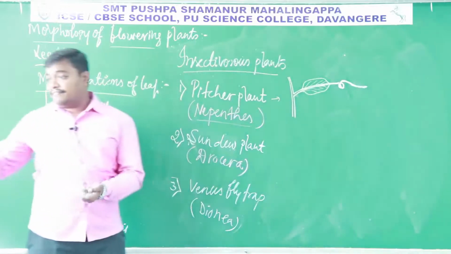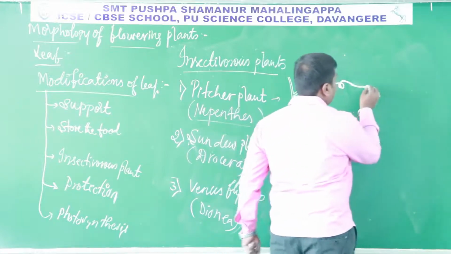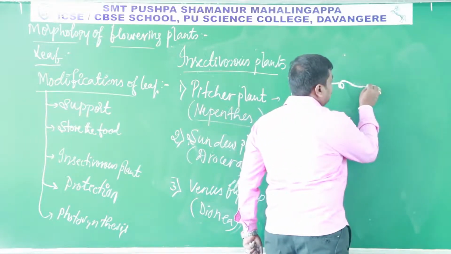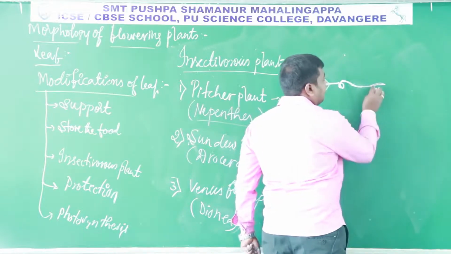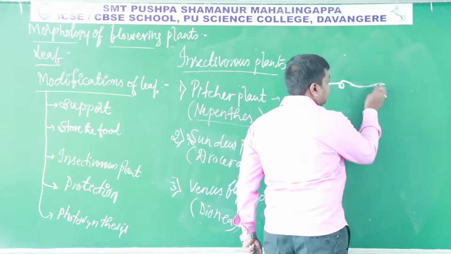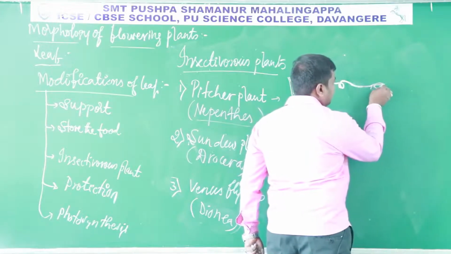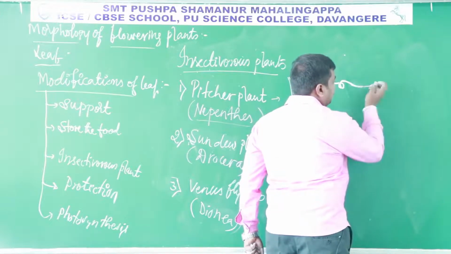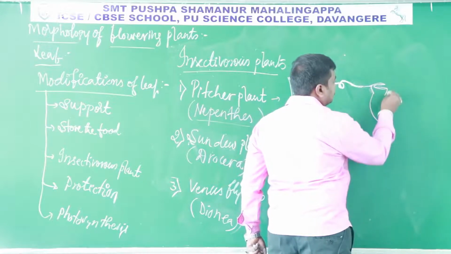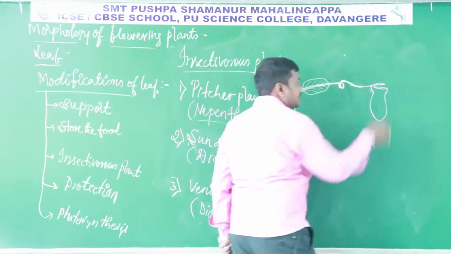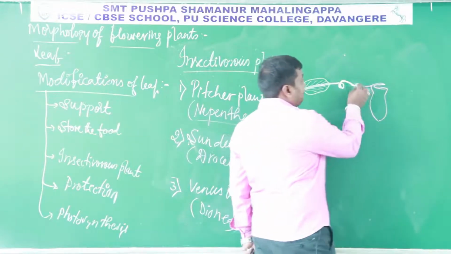Now that leaf tip gets modified. How does it get modified? So the leaf tip becomes like this. Okay, this base part now gets elongated or expands. So it starts to expand like this, and it produces a structure like this. Okay, so this is the leaf modification.